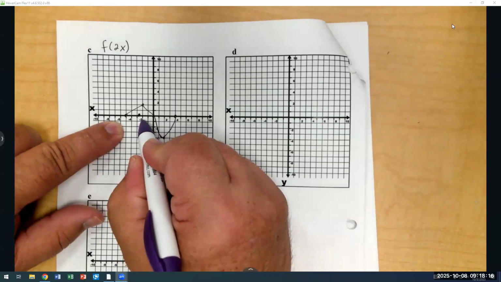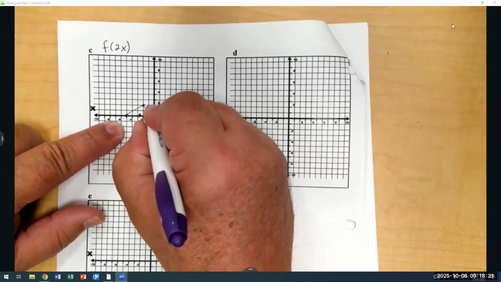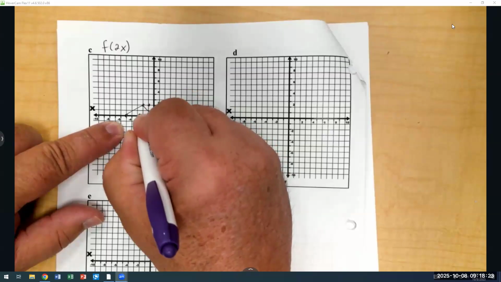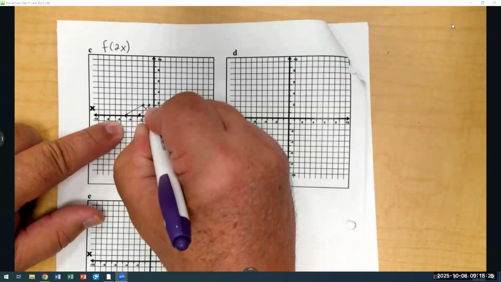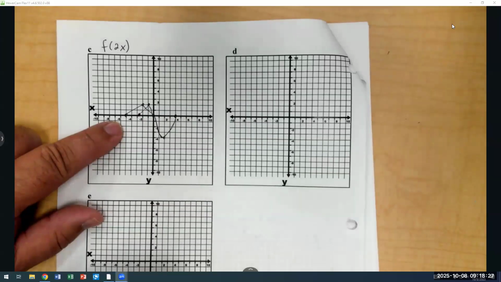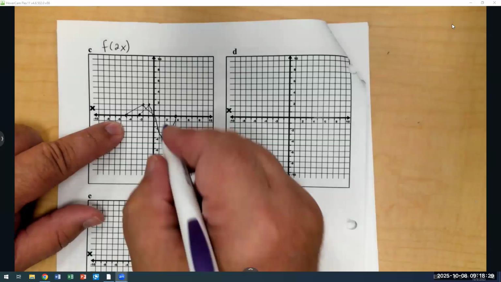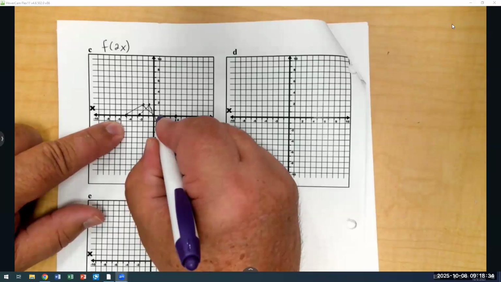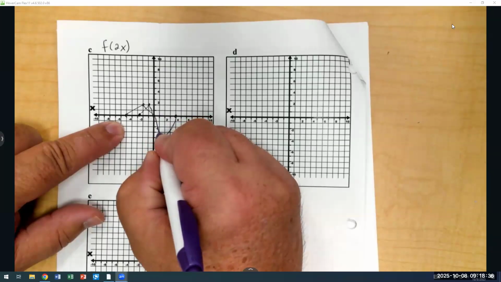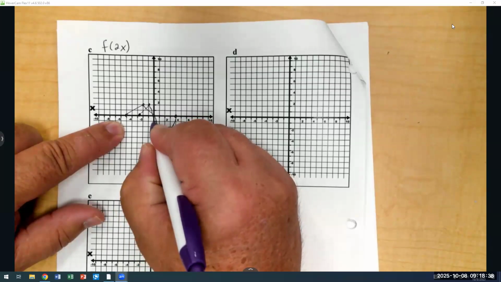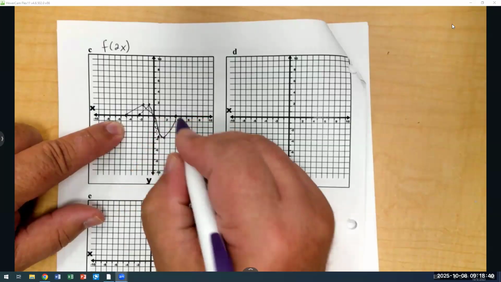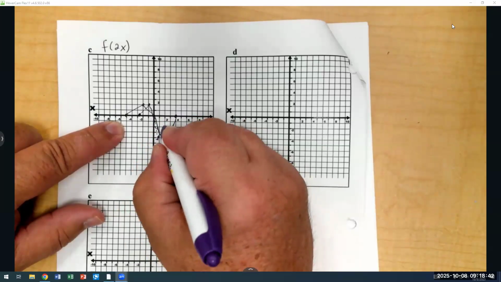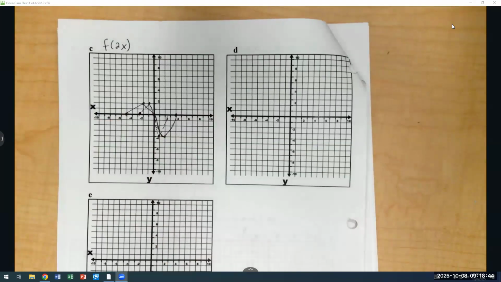This x value is 2. Divided by 2, I get 1. So my new point is right here. So it's a horizontal shrink.